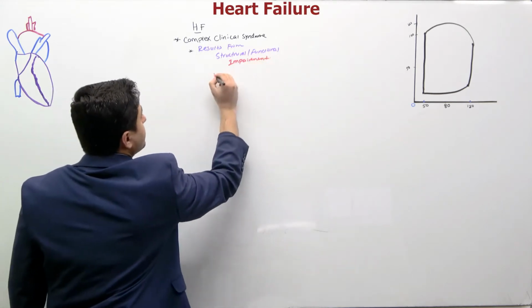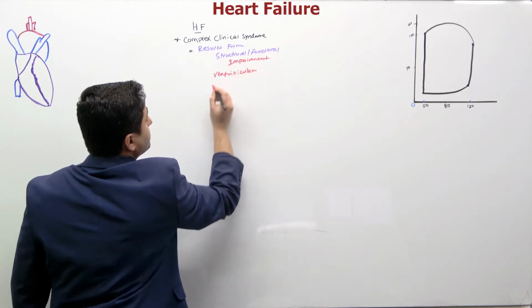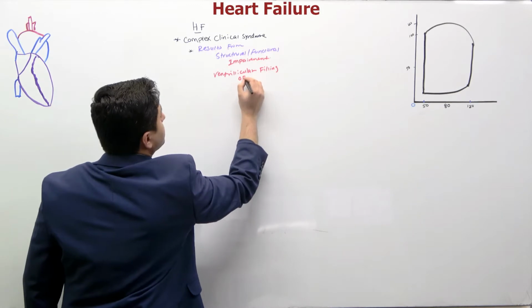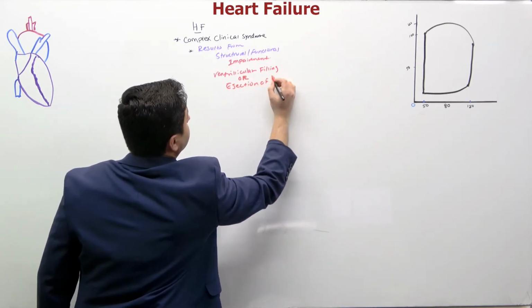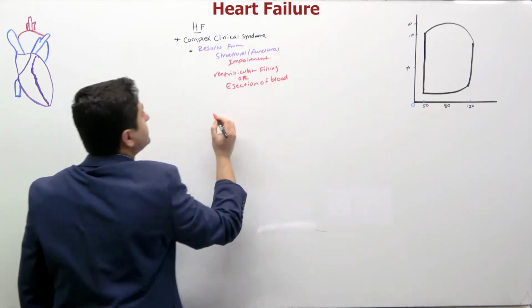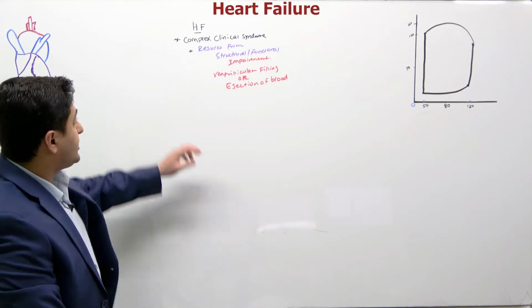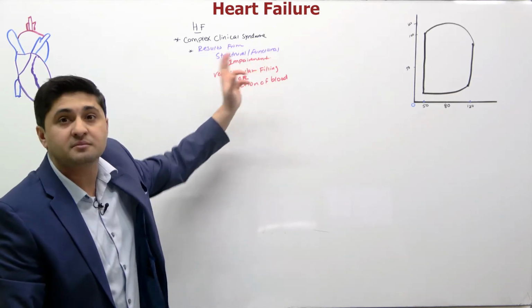It's in the ventricle, primarily the left ventricle, either in filling or in ejection of blood. All right, you gotta know this. So it is a complex clinical syndrome that usually results from structural and functional impairment.